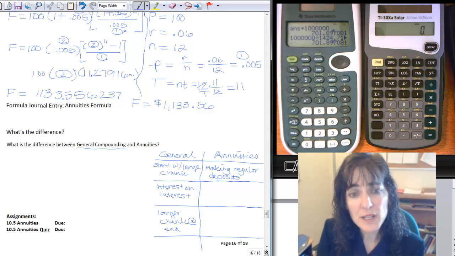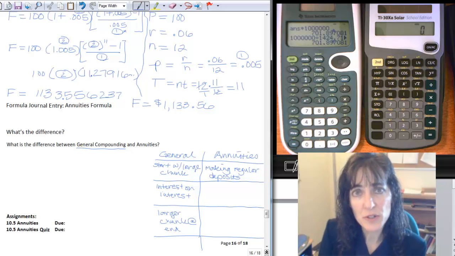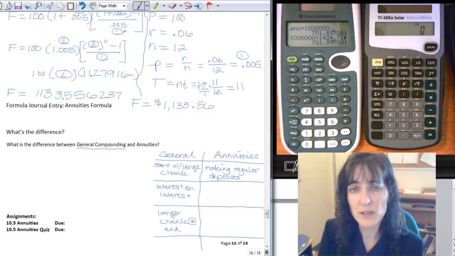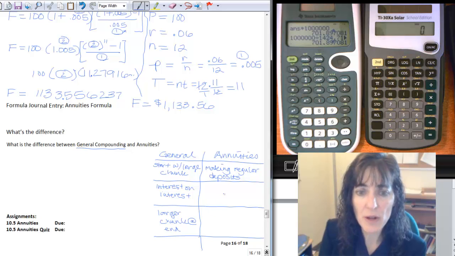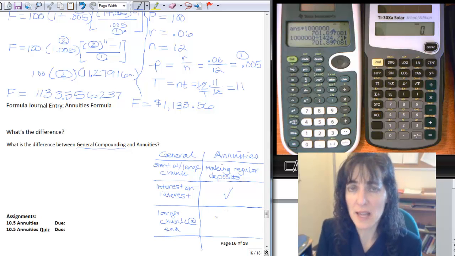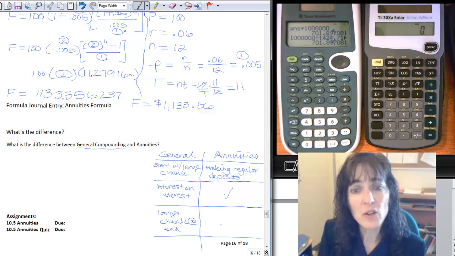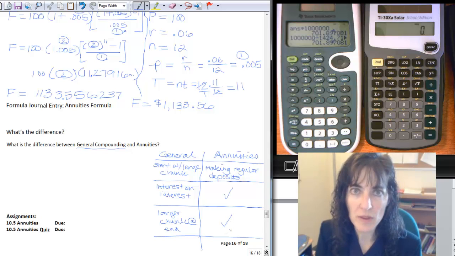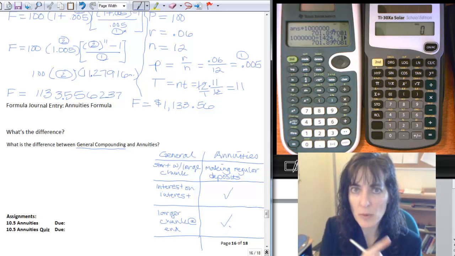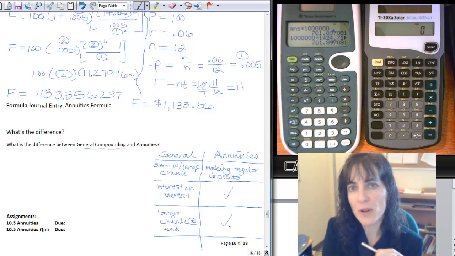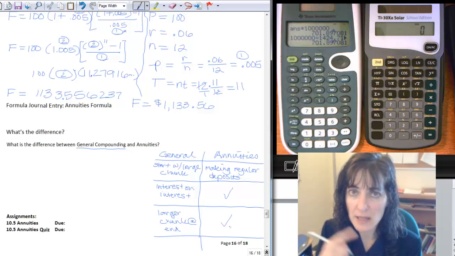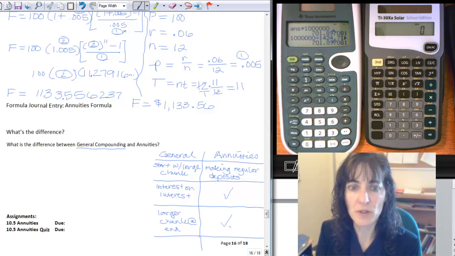And for annuities, we do gain interest on interest, just like with the general compounding. So that part's exactly the same. And then we get a larger chunk out at the end as well with annuities, because we're making small deposits every month or every year, and then we get a very large chunk at the end that has had interest compounded on top of interest.